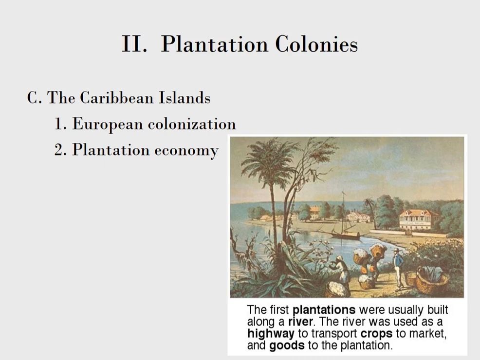John Rolfe stays in England. I was going to say he brings his son, but no, he leaves his son in England with his brother and does return back to North America, into Virginia, but he never sees his son again. So he does marry again and has other children, I think, but anyway, that's the real Pocahontas story.